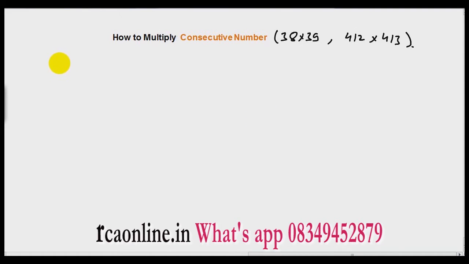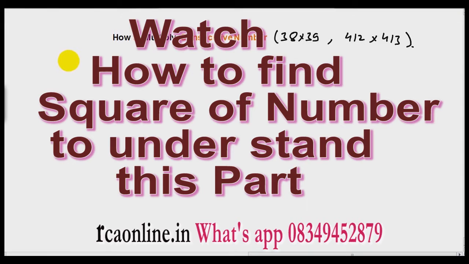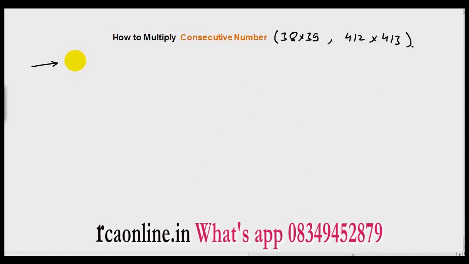I discussed in the last video how to find the square of a number. In that video I told you that in the next video I will tell you how to multiply consecutive numbers. Before that, many people on WhatsApp have asked me how to remember the numbers I gave to find the square.